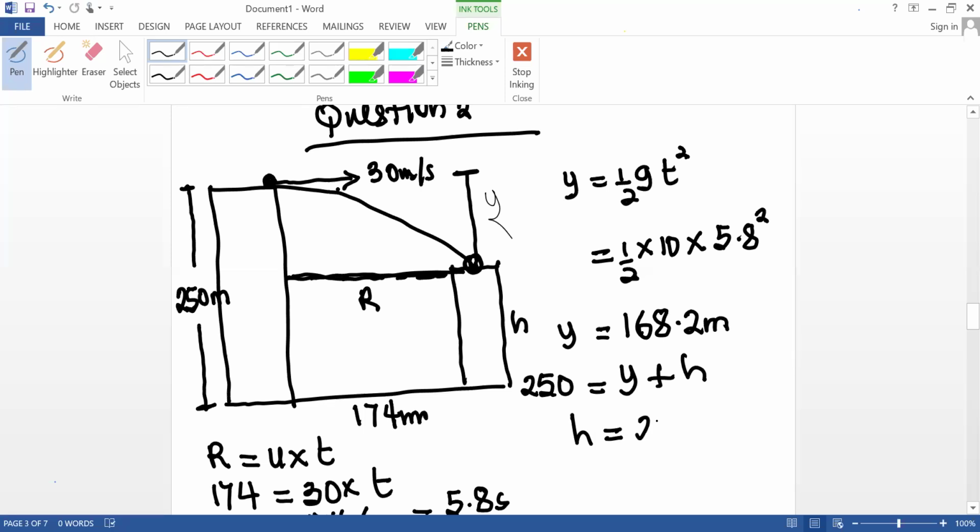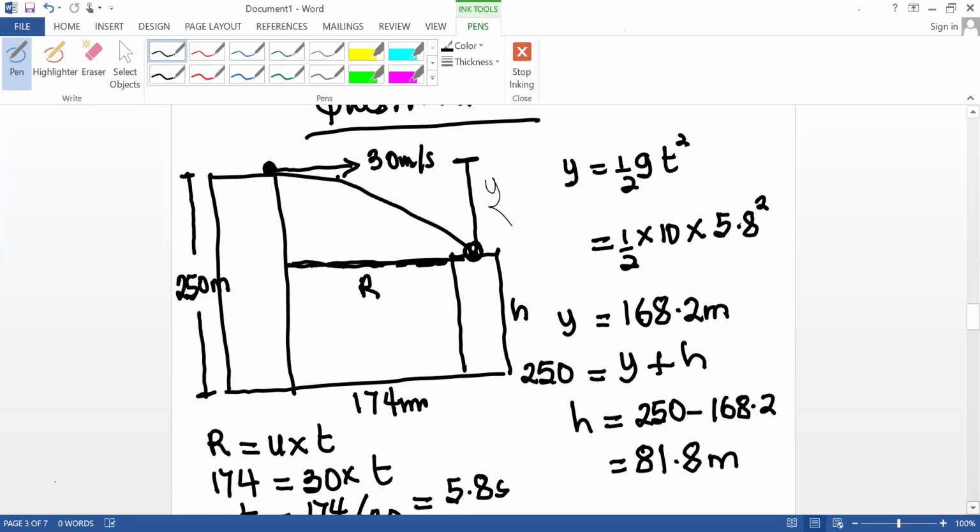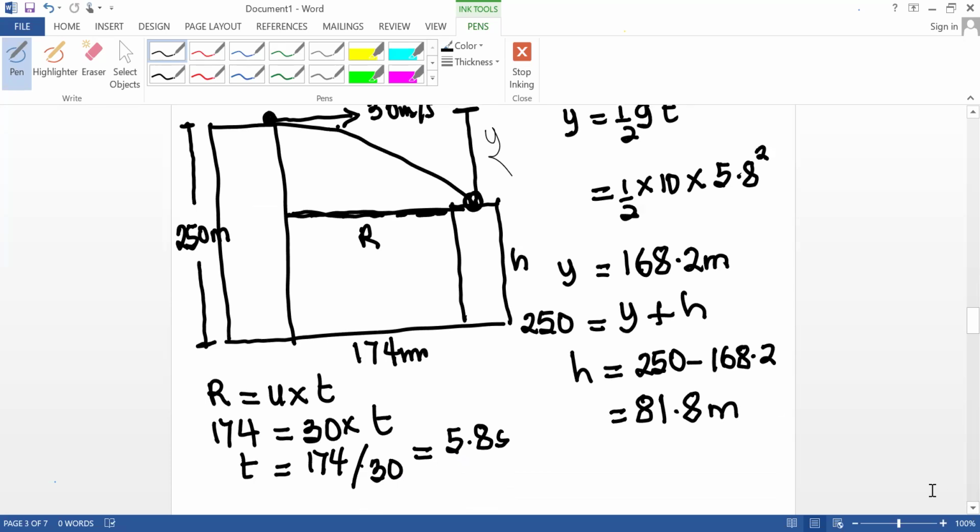So we have 250 minus 168.2. Our answer is 81.8 meters, approximately 82. So please, if you couldn't attempt this problem, then this is the solution to the problem.